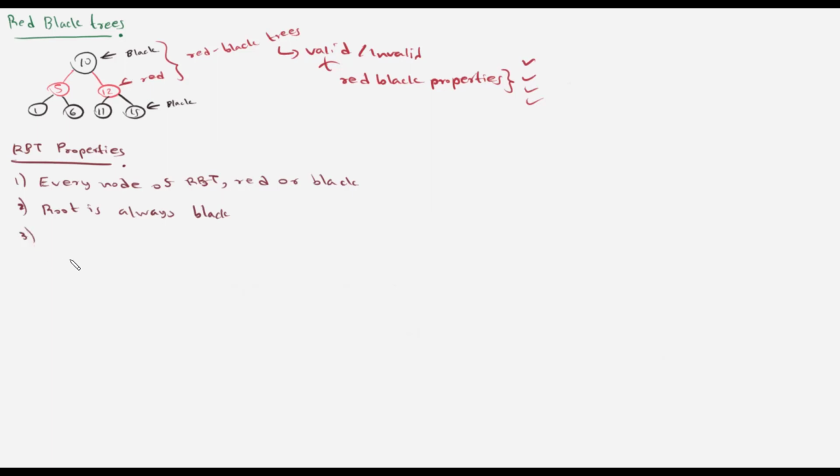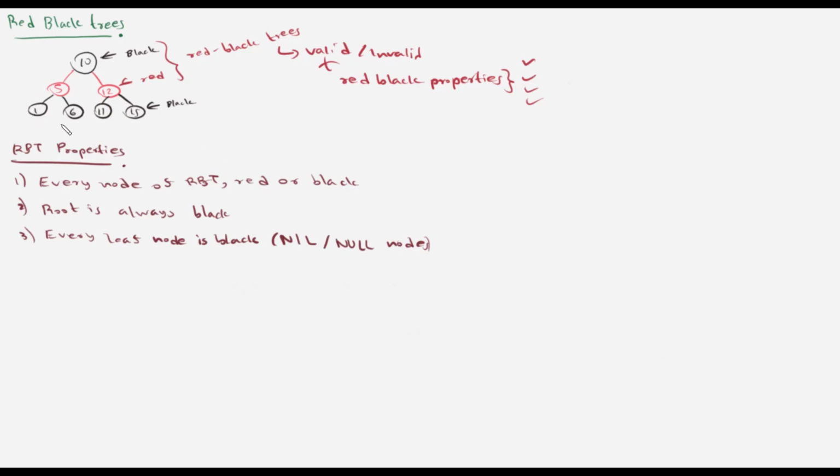And the third property is every leaf node is black, always black. There will be leaf nodes and there will be some nil nodes. I mean the nil, or someone can say those are null nodes. Those are not actual leaf nodes.